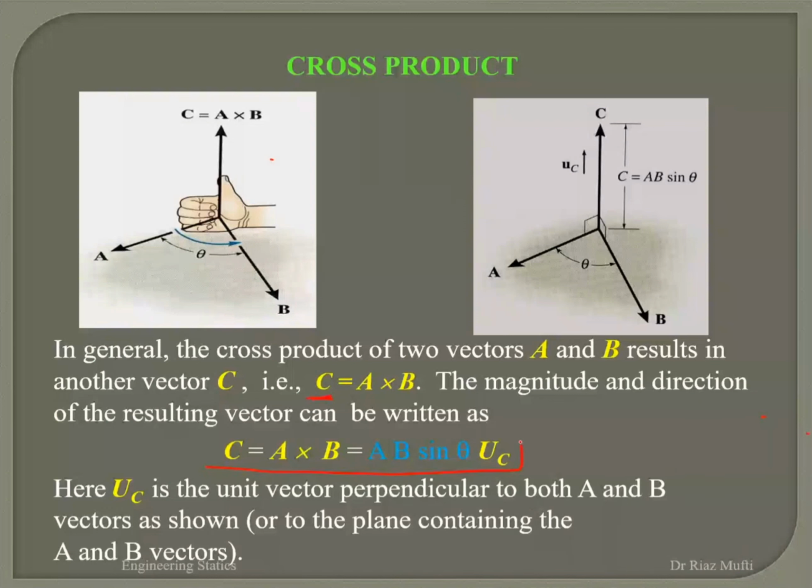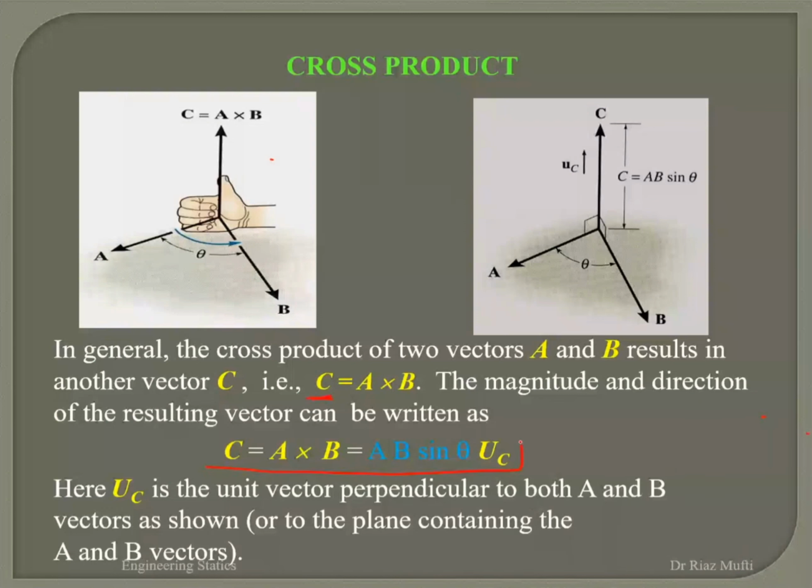Commutative law doesn't apply here. So let's look at this one. It says A cross B. So I curl my fingers from A to B, and the thumb points upward. So my C is in the upward direction. What if I do B cross A? I'm looking at this one now. B cross A. So I curl my fingers from B to A, and the thumb is now in the downward direction.